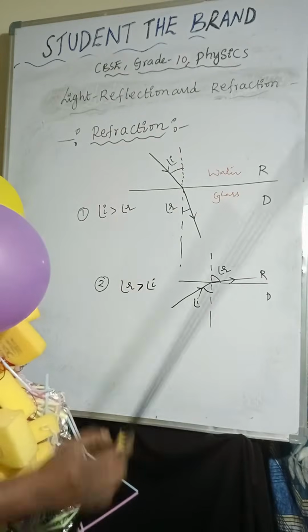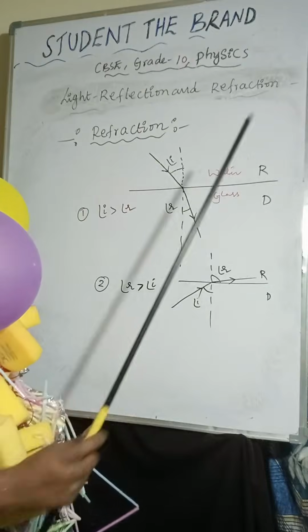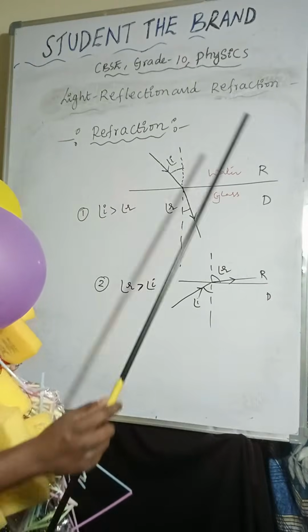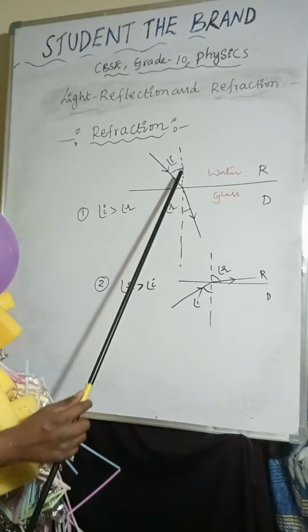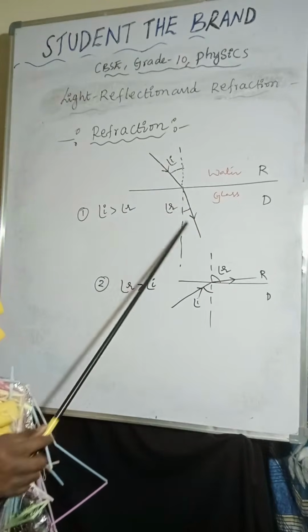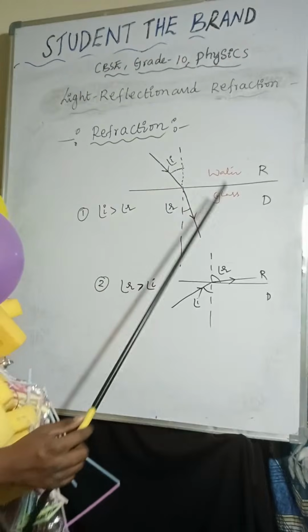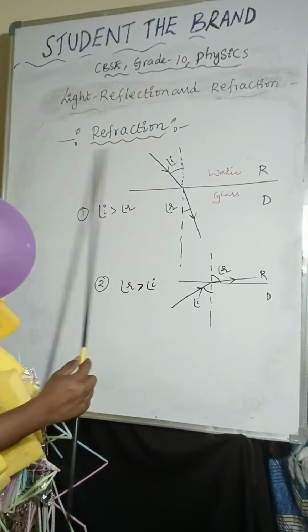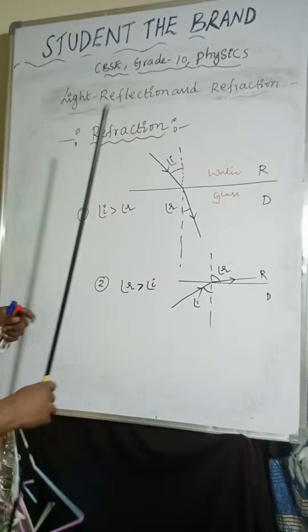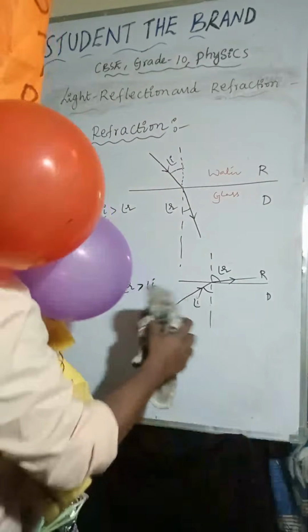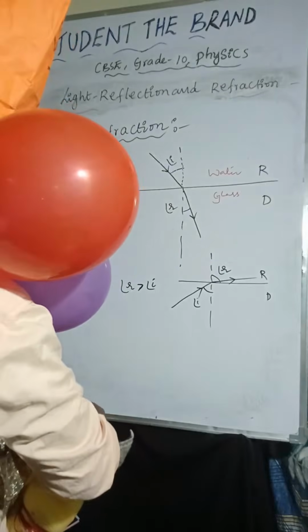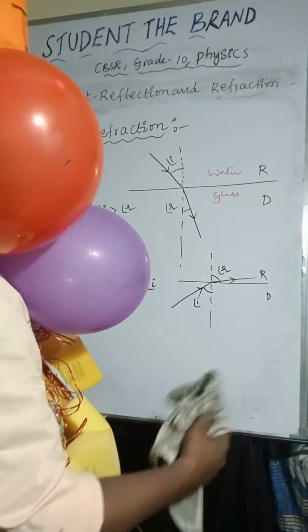Only two cases where refraction does not take place: first, the two mediums are the same, and second, the light ray passes along the normal line. So this is about refraction. Next we will discuss total internal reflection and critical angle.